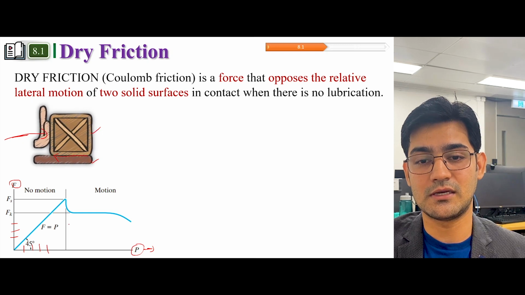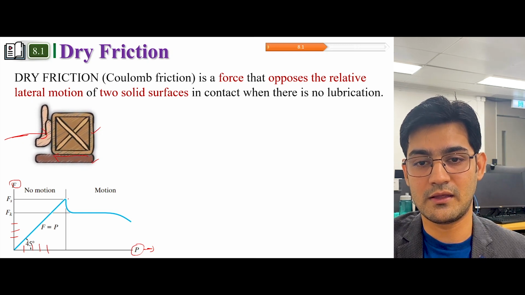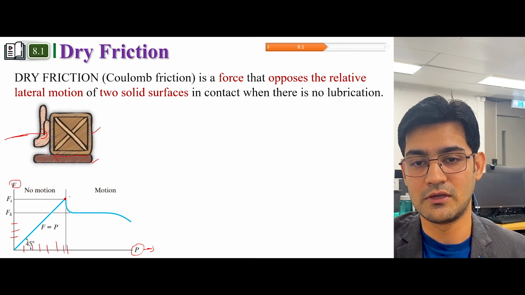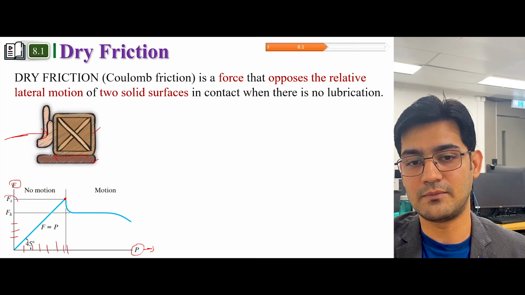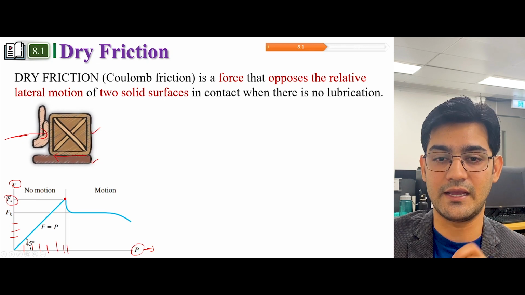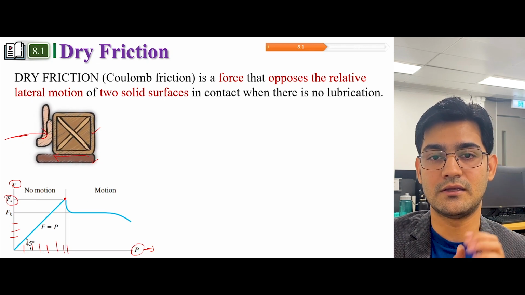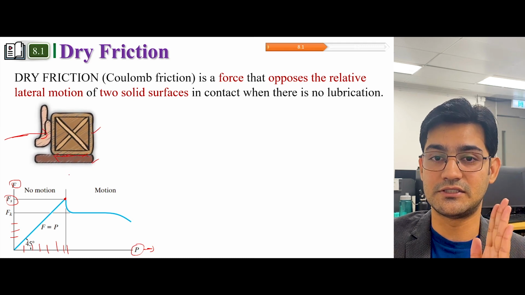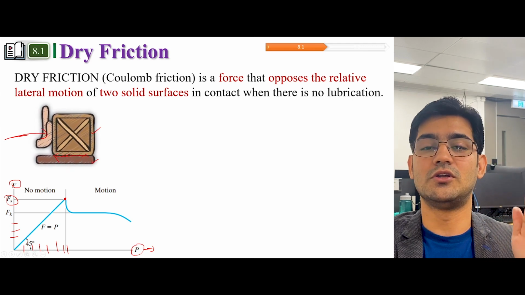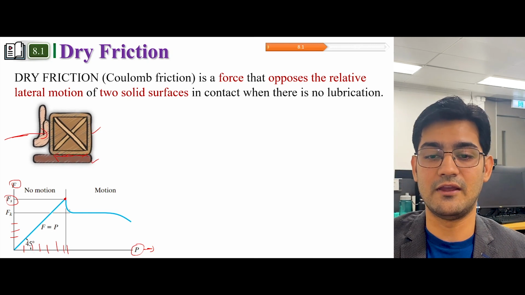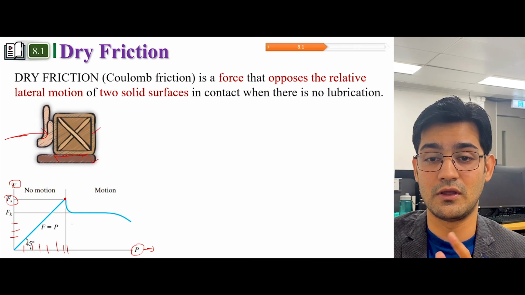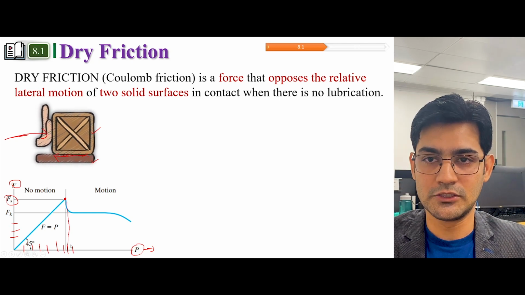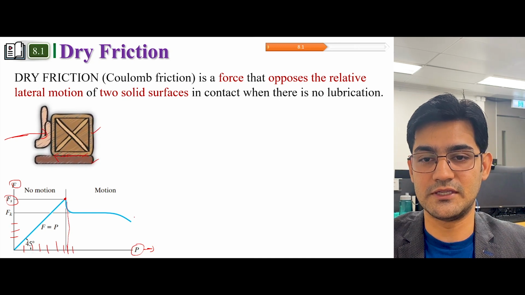But there comes a point, and that point is somewhere here, referred to as Fs, and after that point this interlocking is no more capable of resisting that applied load, so the rigid body will start moving if I apply more load than this limiting load.